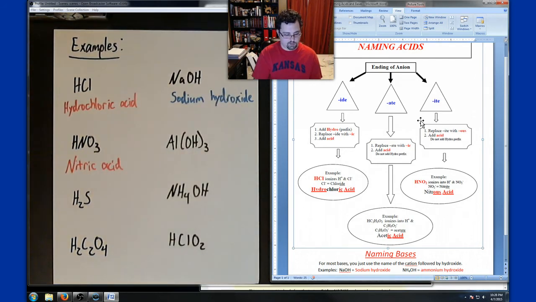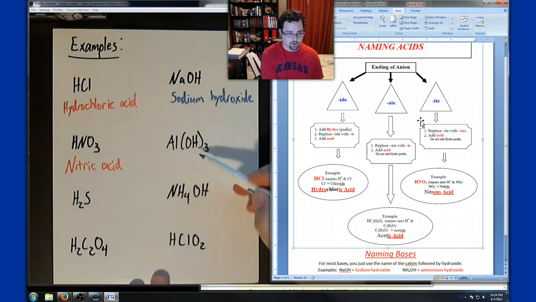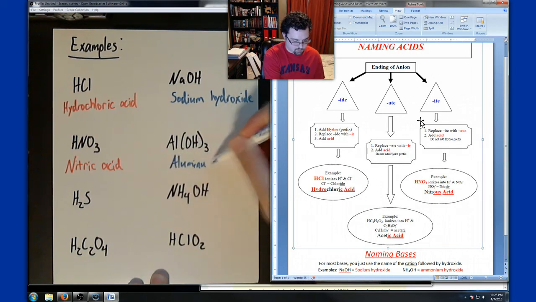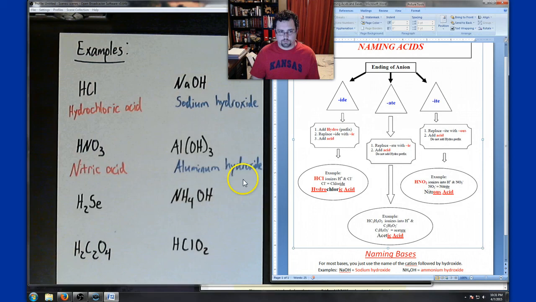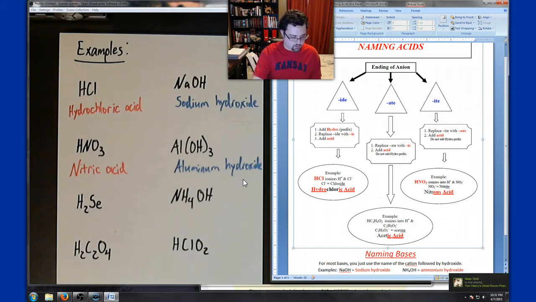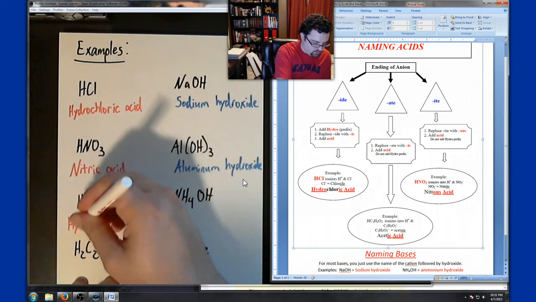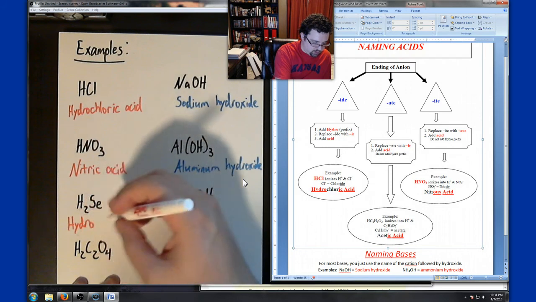Alright, we got another base. We got aluminum and hydroxide, so it's literally just aluminum hydroxide. Okay. H2Se. Se by itself is selenide. So selenide is from the periodic table. So that one is going to be hydro, because it ended with "ide".